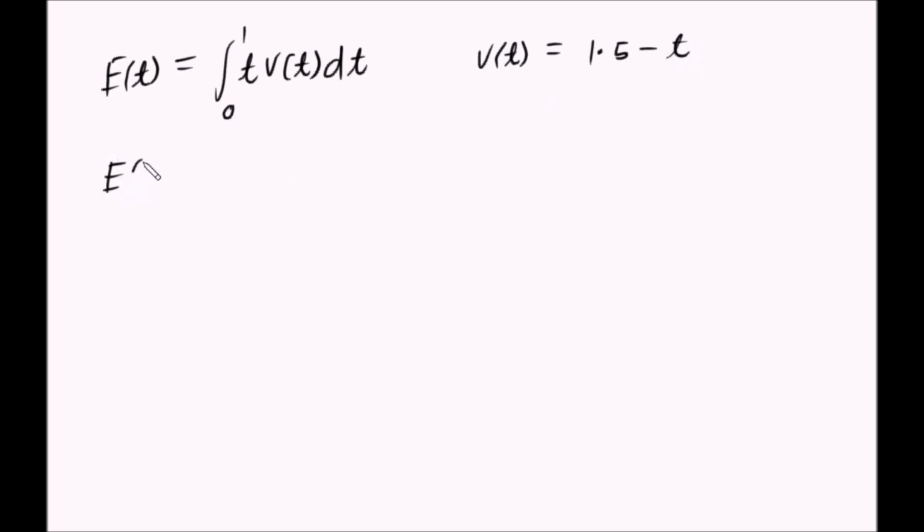So this expectation of t means we integrate from 0 to 1 t times (1.5 minus t) dt.